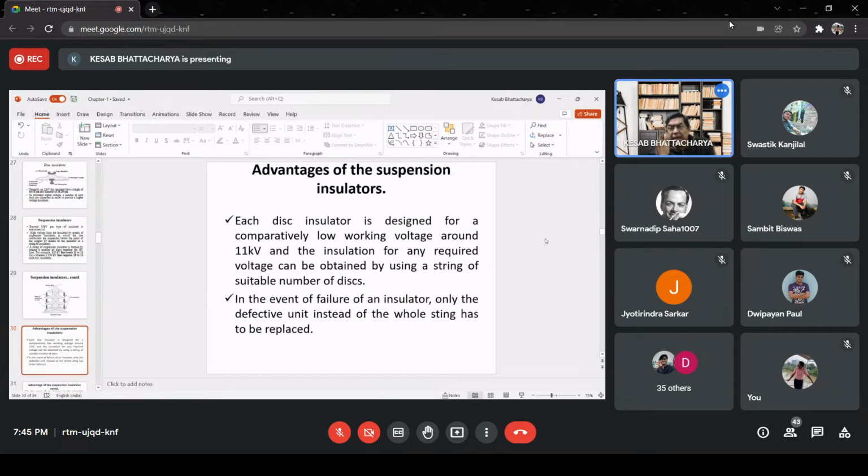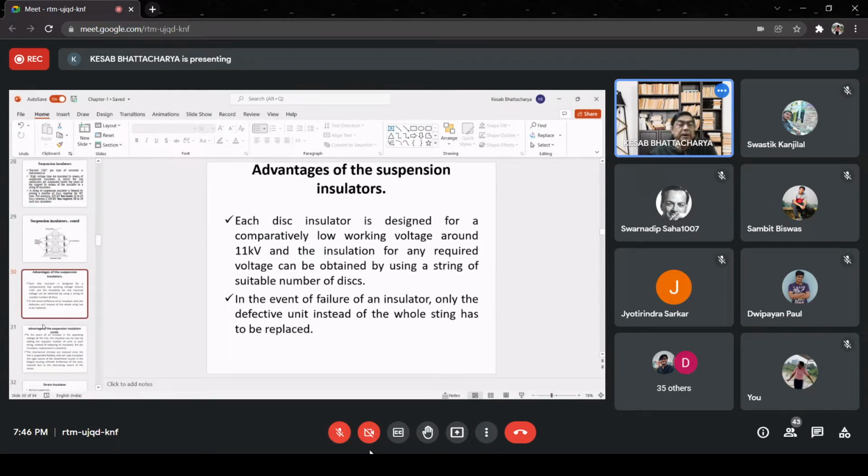But here, in the event of failure, if you can detect across which unit the fault has developed, then you can very easily isolate that single unit instead of replacing the whole string. So that is one advantage.